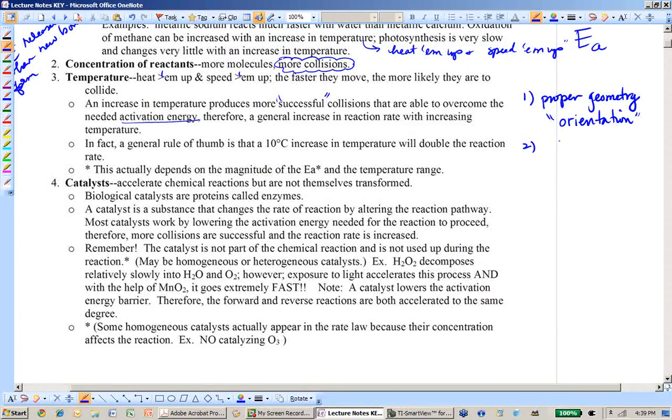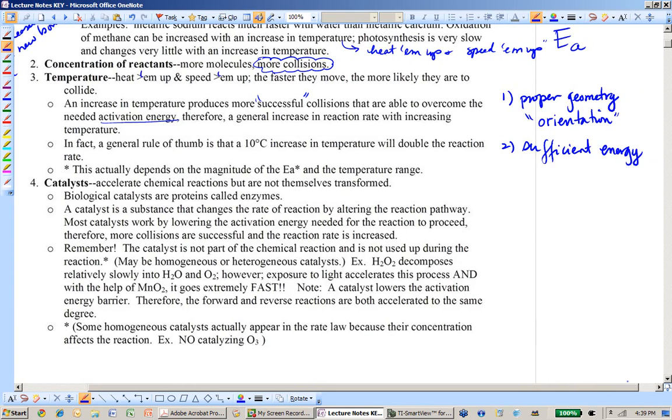And then secondly, it must have sufficient energy. The collision has to be violent enough to transfer enough energy into that bond between two atoms to break it. And so you might think of this as the oomph.